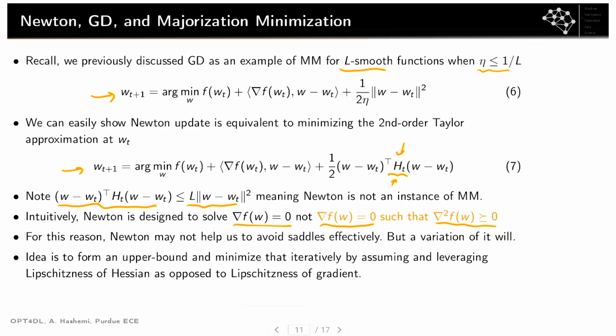Once we come up with this natural extension, we have an instance of a majorization minimization algorithm, and we can use that to find a second order solution. Again, gradient descent is the most intuitive idea to find a first order solution, and it is an instance of majorization minimization. We're going to find its intuitive extension to the second order case. Therefore, we'll be able to find second order solutions.